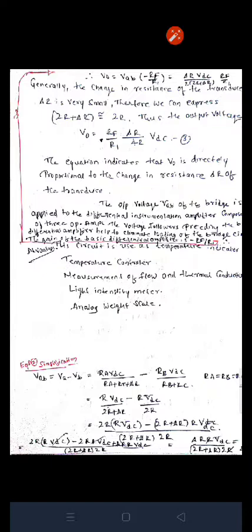These are some of the applications of the instrumentation amplifier. That's all for today's class, and we will study the next topics in the upcoming classes.